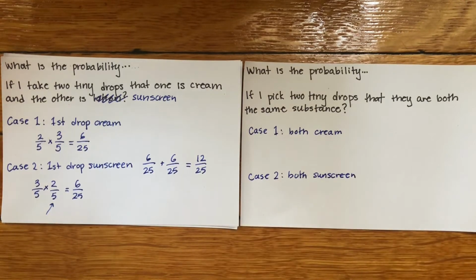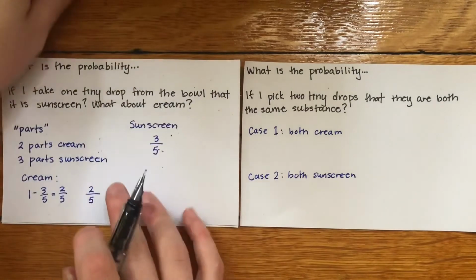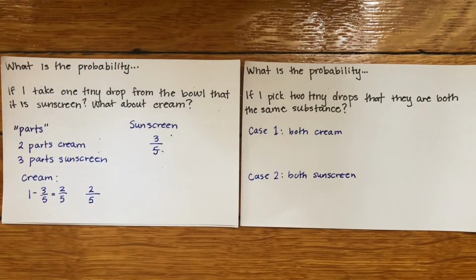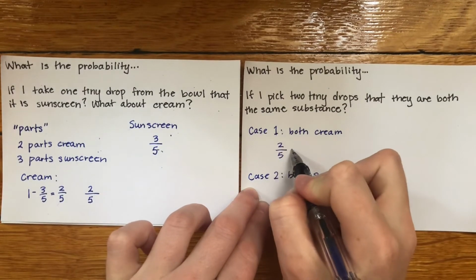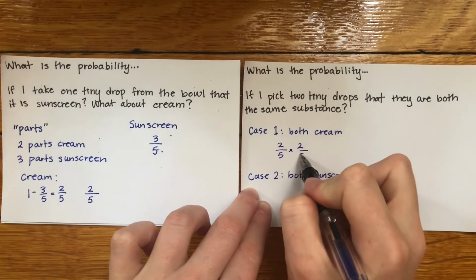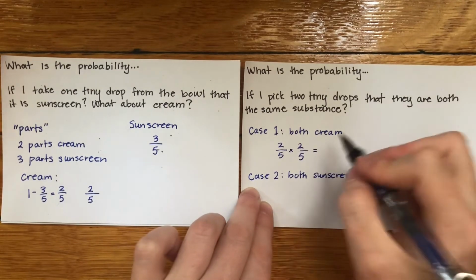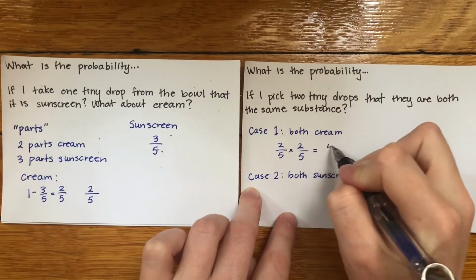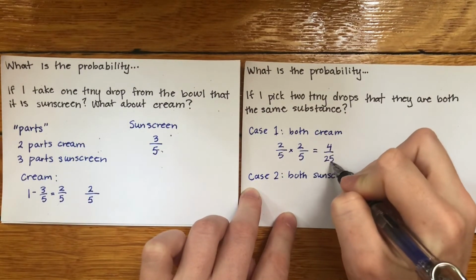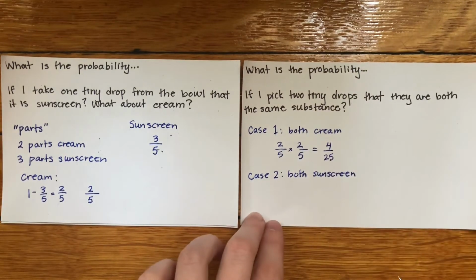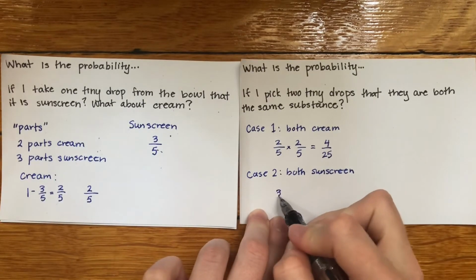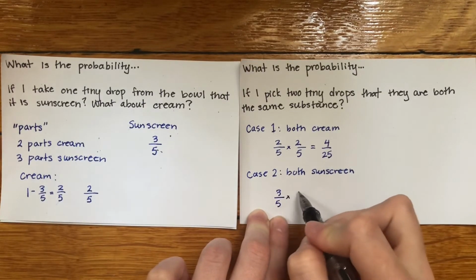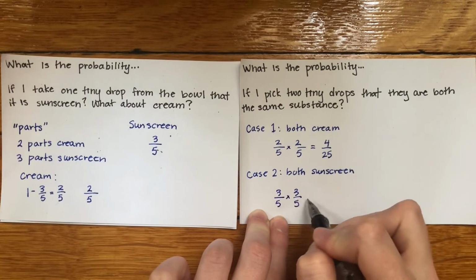So in case 1, our probability of getting cream, and I can bring back this slide here. Our probability of getting cream was 2/5, and it's also going to be 2/5 approximately for that second drop. So our total here would be 4/25. In terms of sunscreen, our probability here would be 3/5 for the first drop and 3/5 as well for the second drop.